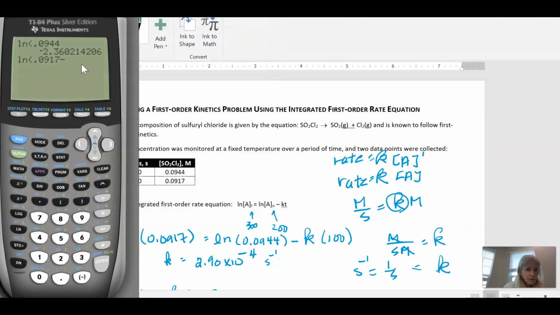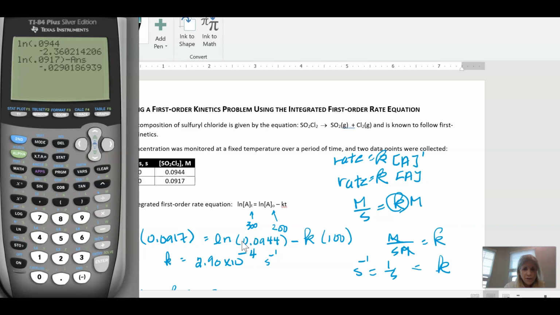So how about I delete. How can I go back? Here we go. Enter the parentheses. And now subtract the second answer.